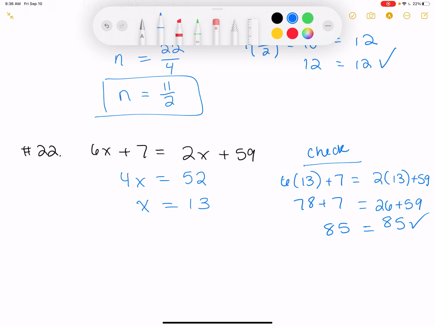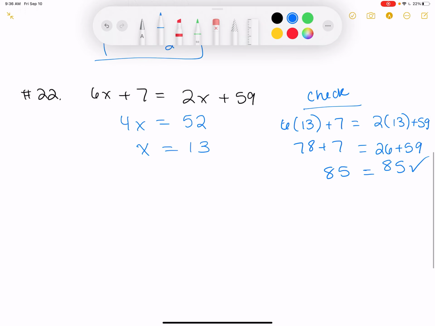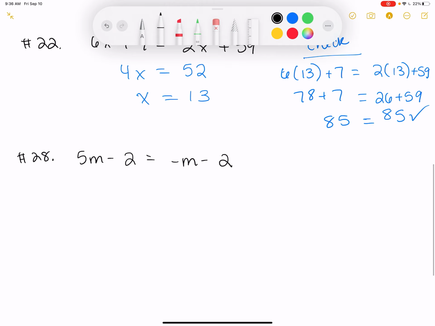Let's do 3 more, and then we'll be done. 28 looks good. Let's do that one. 28, 5m minus 2 is equal to negative m minus 2. All right, so what is my first step?